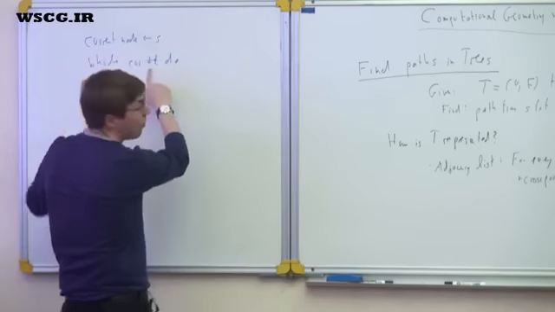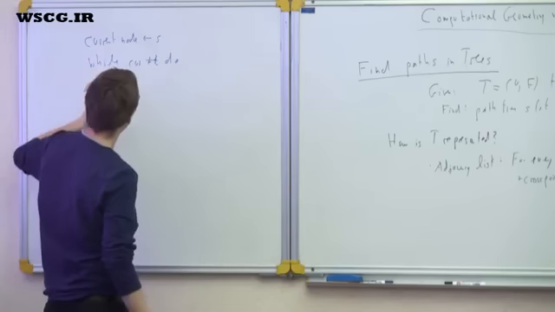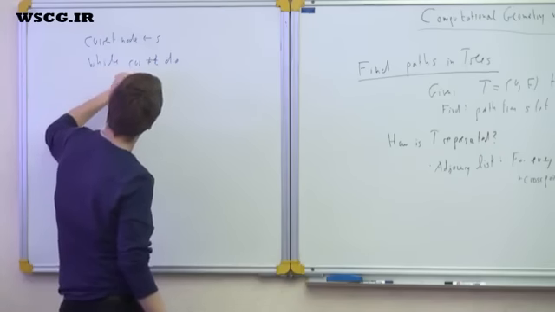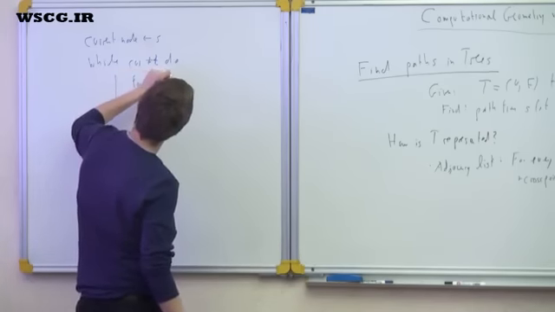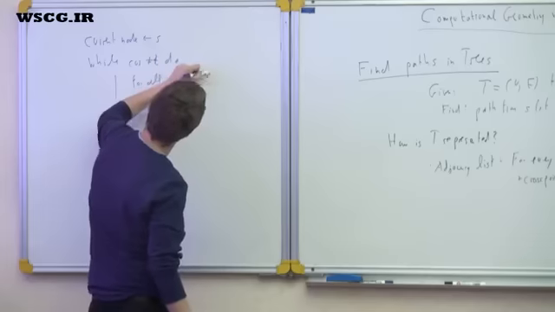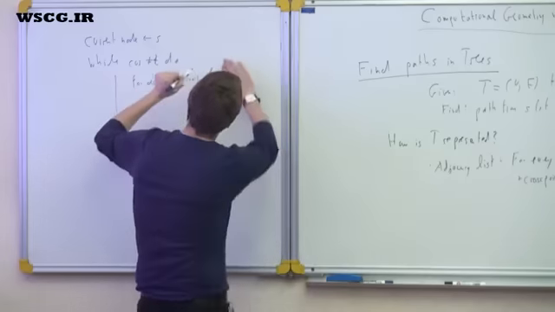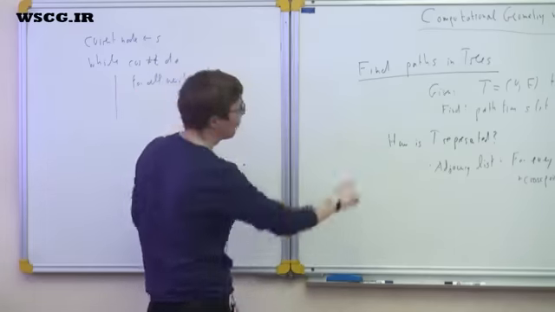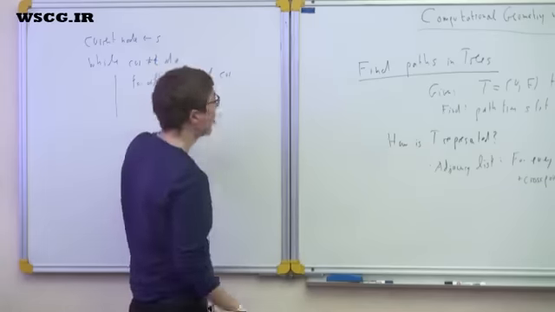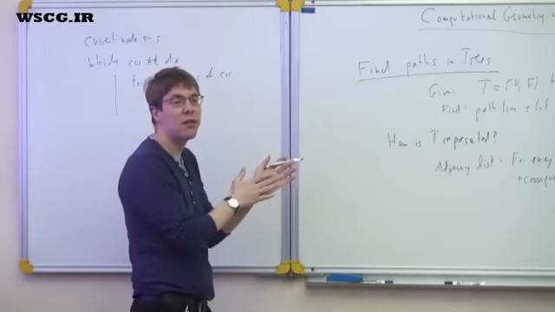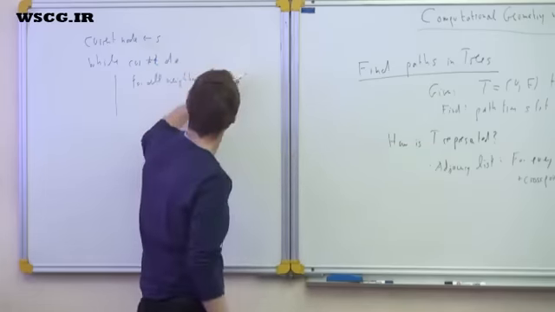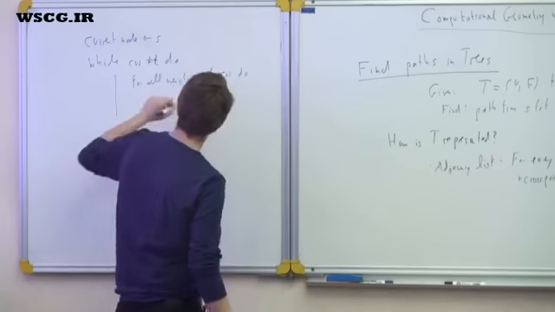While this current node is not T, where T is my target, I do the following for all neighbors of the current node. I can go through the adjacency list and look at all the neighbors in the adjacency list. I do the following.